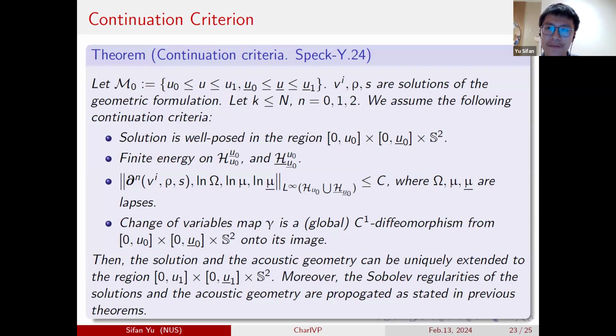This is hard, maybe, or you can prove a counterexample to that. If these four conditions are satisfied, then the solution can be uniquely extended to a bigger diamond. This is the so-called continuation criteria in our work.